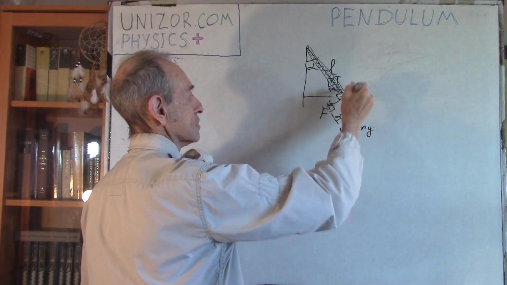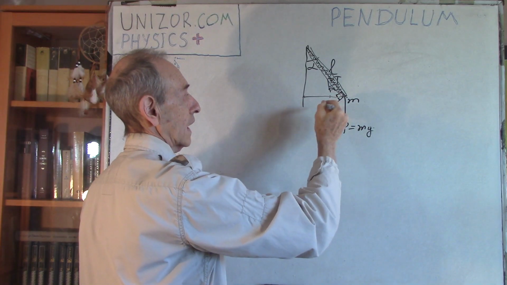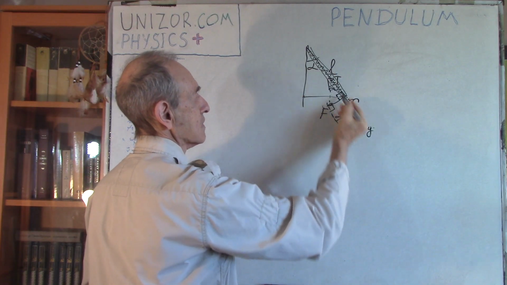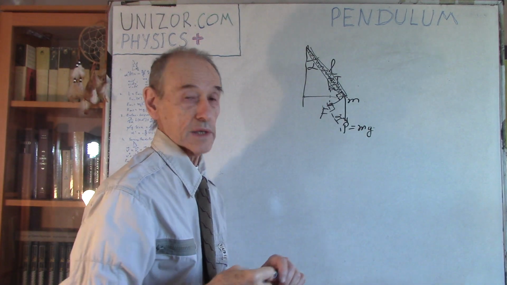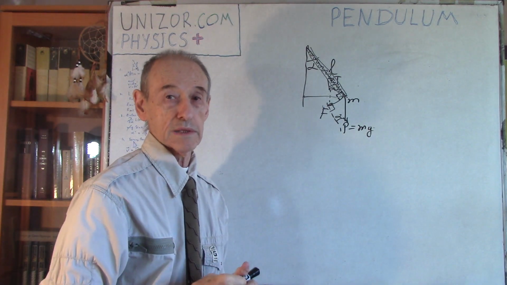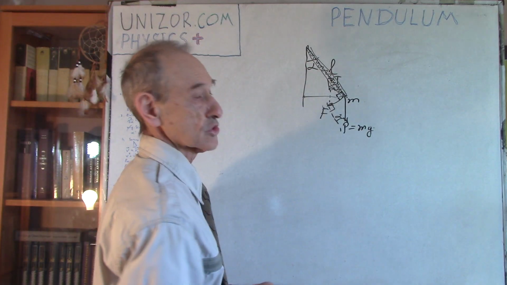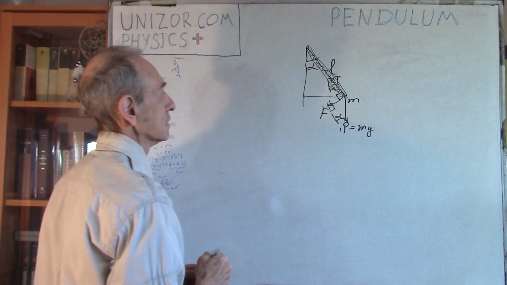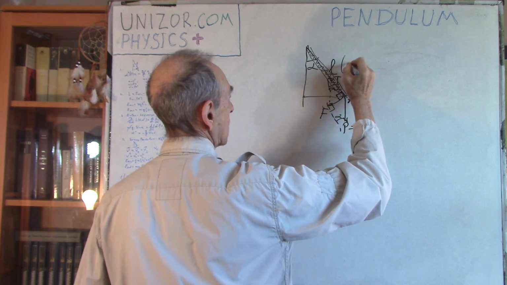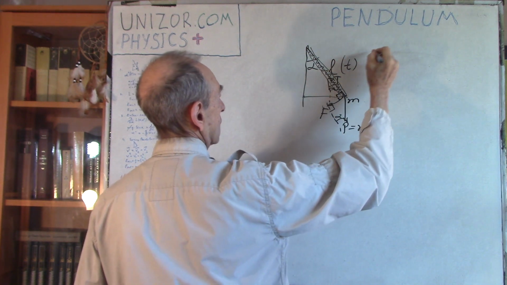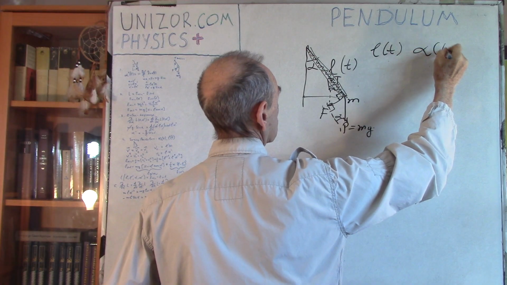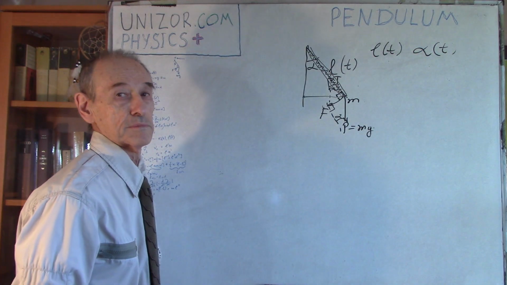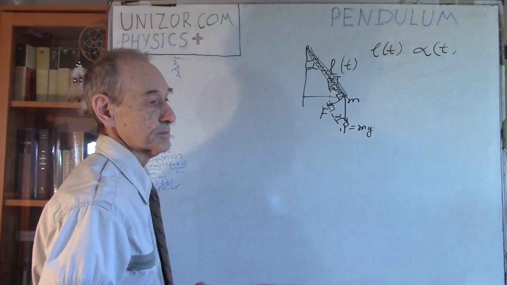First, it goes like a pendulum, and second, it goes within this tube back and forth because the spring might actually do some kind of oscillation itself. So it's 2 different degrees of freedom. L now is L of t, and alpha is alpha of t. Both are functions of time.